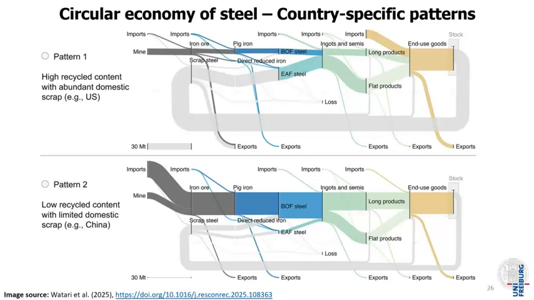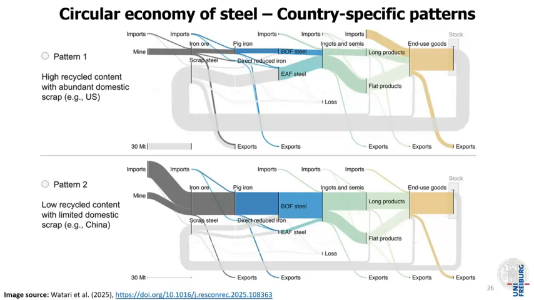And we see these country-specific patterns. Here, as Takuma Watari already mentioned, we have, for example, mature economies with high recycled content and abundant scrap. The USA, for example, you see here the circular flow is large. Lots of recycling is happening, more recycling than primary production, lots of EAF steel, electric arc furnaces, mostly going into flat products, some long products, and then back into the use phase.